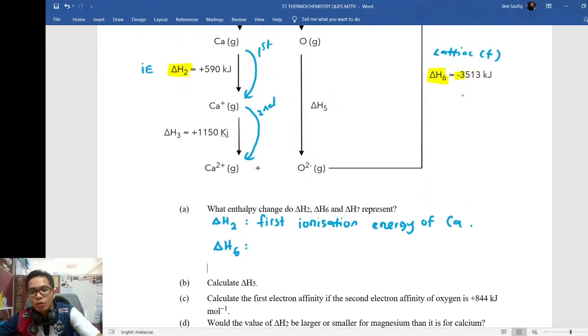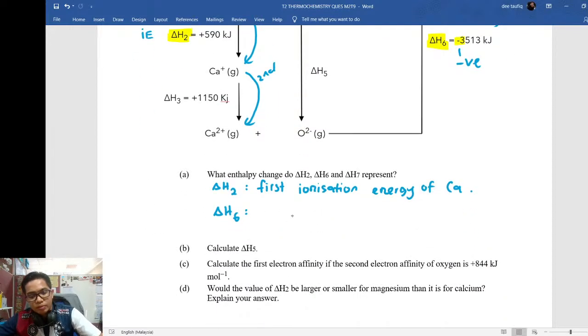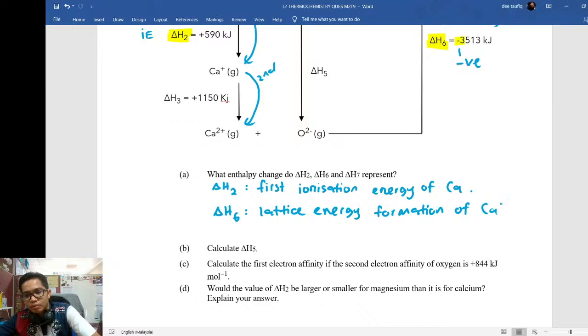Okay. And then delta H6. Okay, since the value are negative, so it should be enthalpy lattice of formation. Lattice energy formation of calcium oxide.